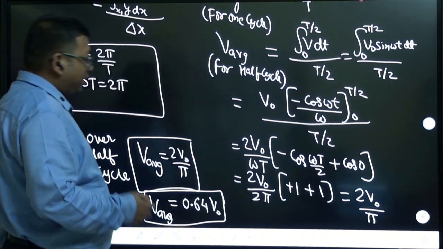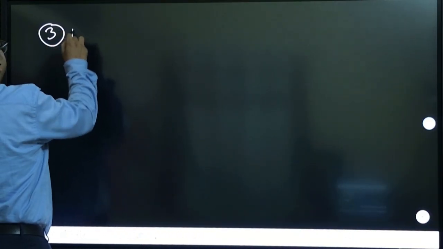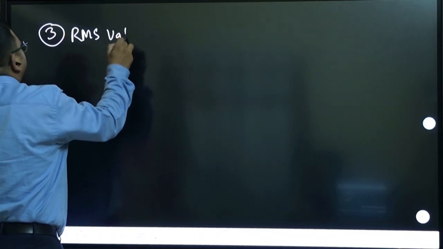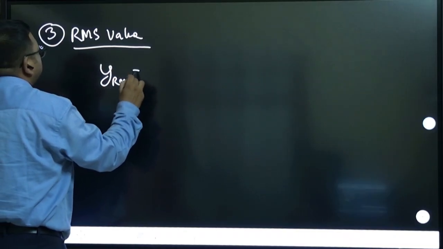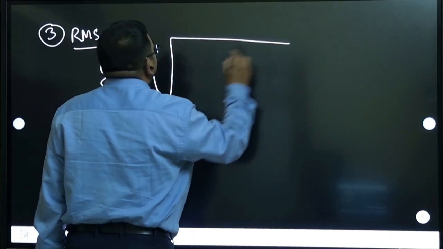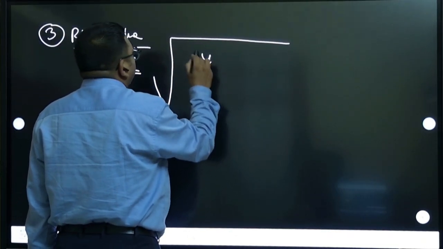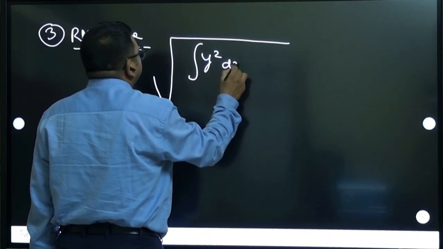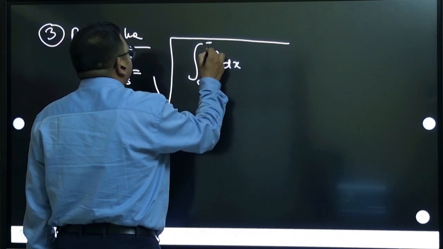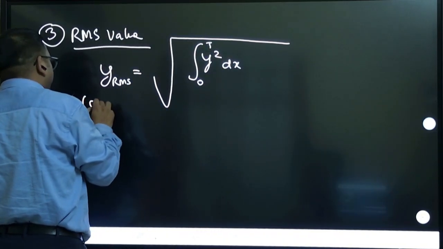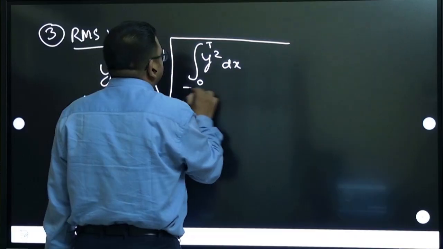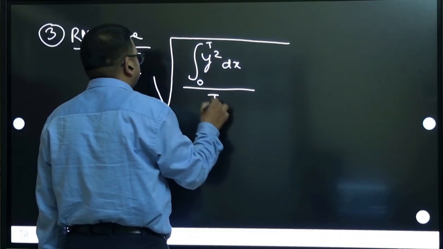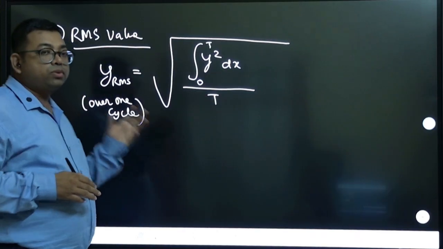Okay, average value. Next we are going for RMS. The third point is the RMS value. RMS of anything is calculated as root under integration of y square dx over one cycle, and over one cycle the time is T. This is what RMS means, root mean square.